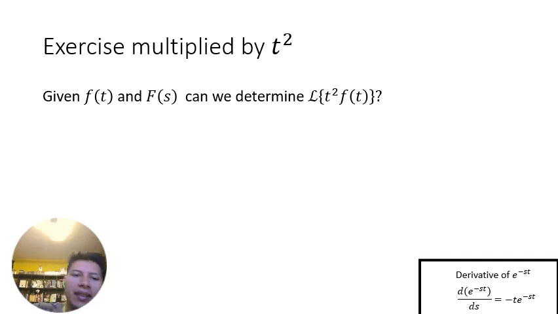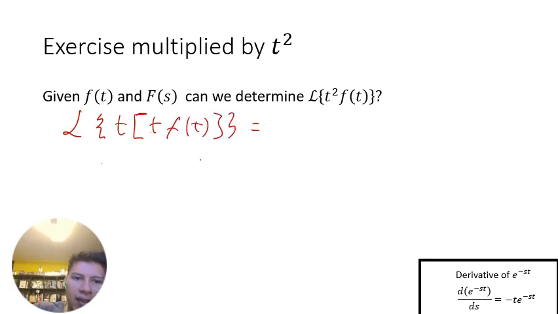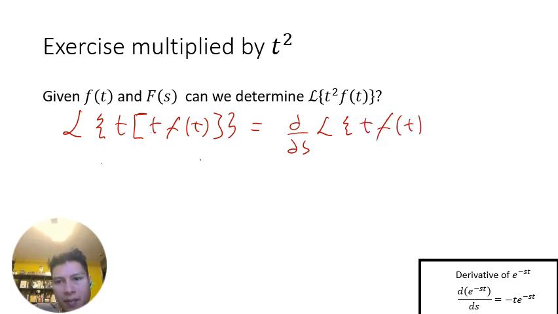We already know that the Laplace transform of t times f of t is equal to negative d ds of the Laplace transform of f of t.